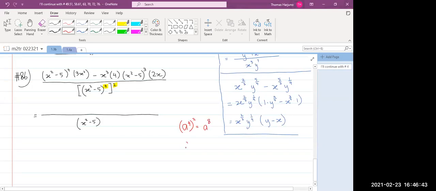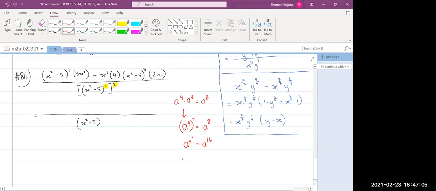A to the 4th, with parentheses and squared, is A to the 8th, because this is basically A to the 4th times A to the 4th, and when you multiply the same base, you add the exponents.